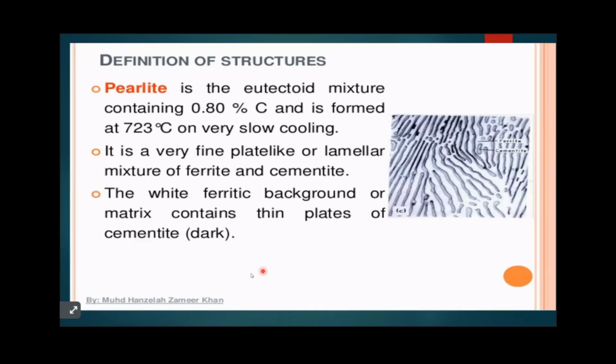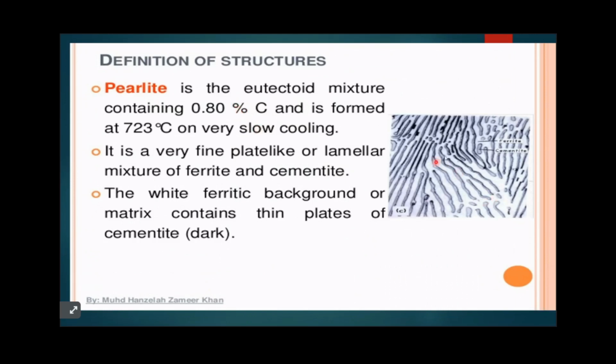Then next one is pearlite. Pearlite is a type of steel structure, a low to medium carbon steel structure, formed at the temperature of 723 degrees Celsius.